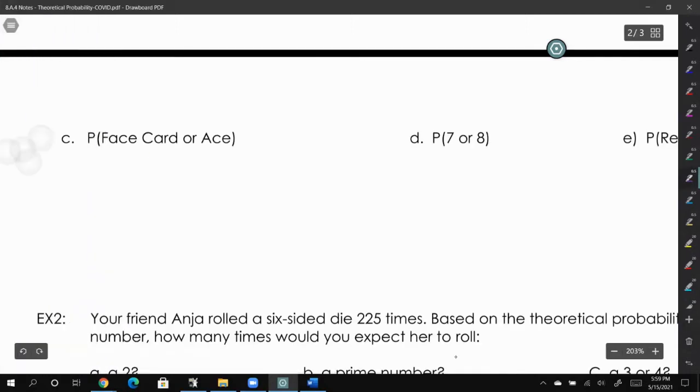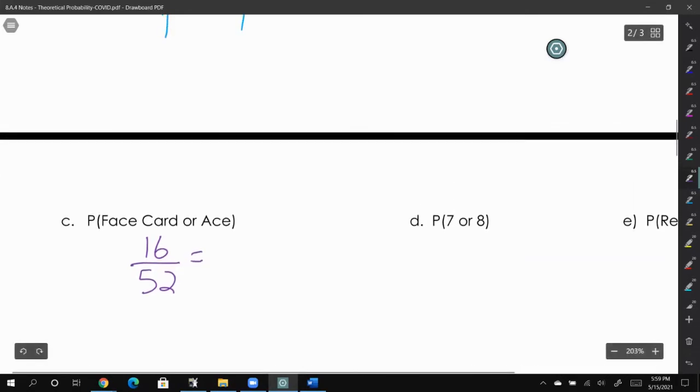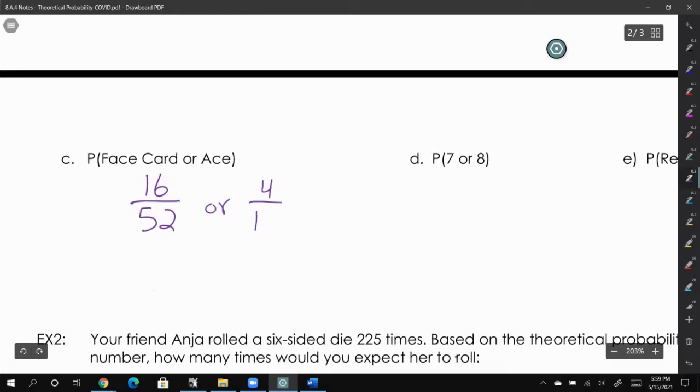So the probability would be 16 out of 52. And if you wanted to simplify that, that would be 4 out of 13.